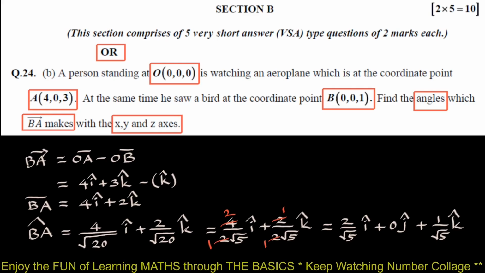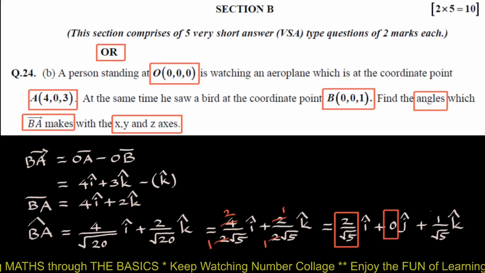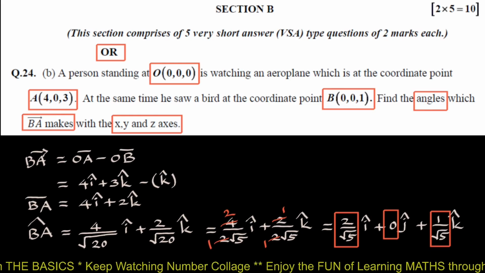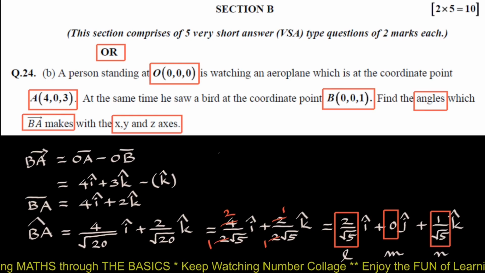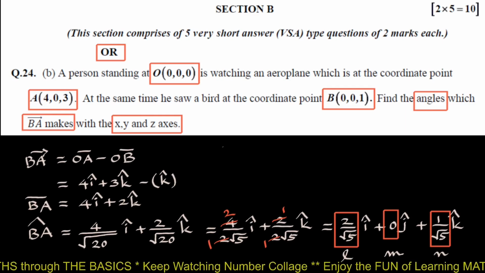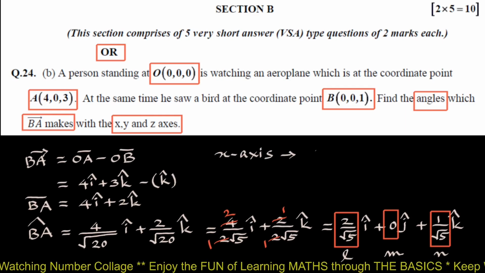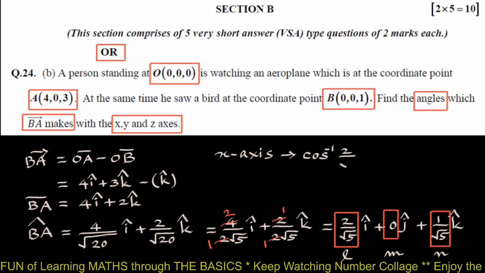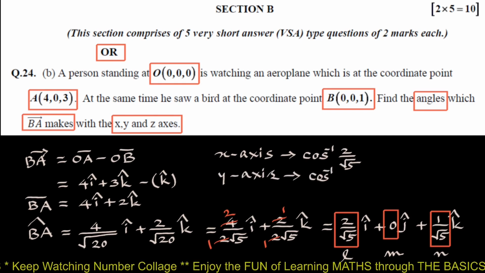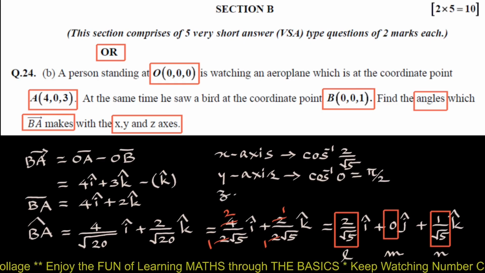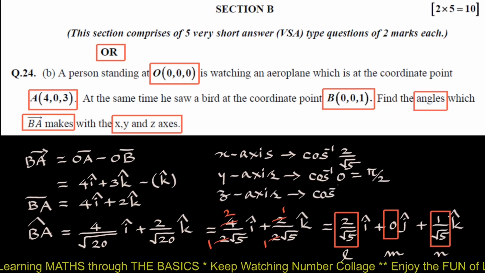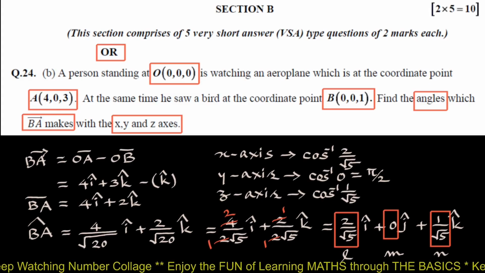Here 2 upon root 5, 0 and 1 upon root 5 are the direction cosines l, m and n. So the angle made by BA bar with the x-axis will be cos inverse 2 upon root 5, with the y-axis cos inverse 0, which is pi by 2, and with the z-axis cos inverse 1 upon root 5. So this is the answer.